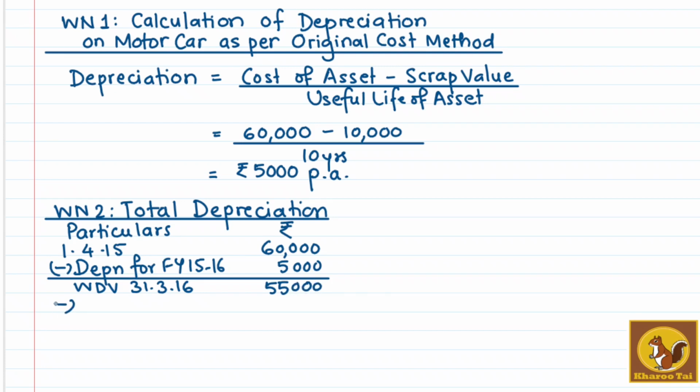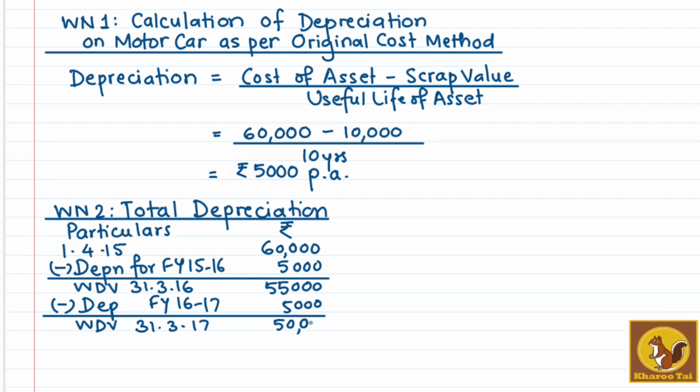From this, depreciation for FY 16-17, 5,000. Then the WDV at the end of the second year will be 50,000.